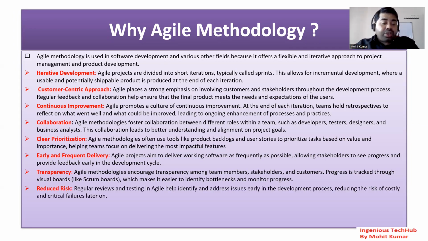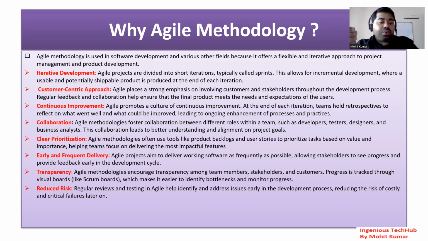so reduce risk, definitely, because we have daily interaction with our stakeholders, everyone, and they give continuous feedback, right? So here we have less risk, because we are working as per the requirement, and as per the deadline we are completing our tasks. All these things are tracked, so we have less risk.